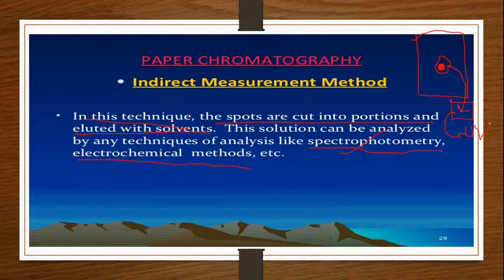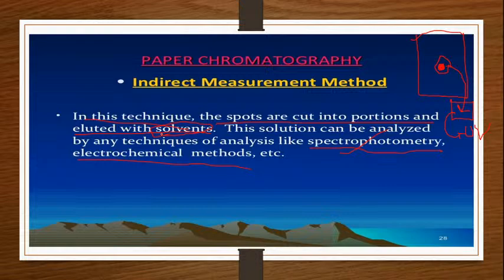The same is possible with IR, NMR and mass. You can go for electrochemical properties determination for a particular sample by dissolving. First you need to cut down that particular portion of the sample from the paper chromatogram, dissolve it into the appropriate solvent, and then carry out the spectrophotometric estimation. This is called the indirect method.